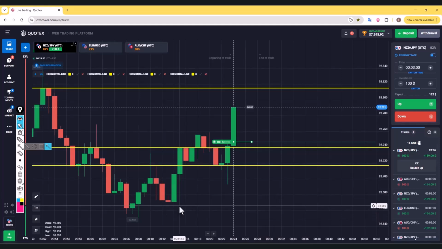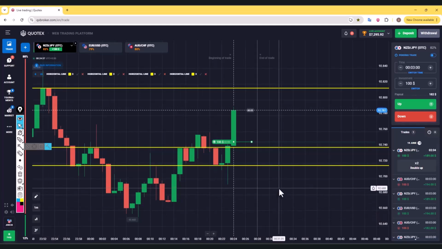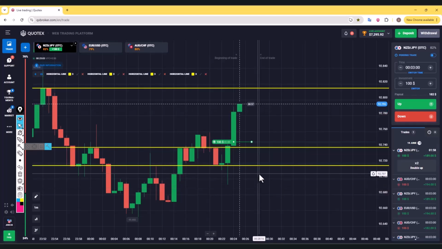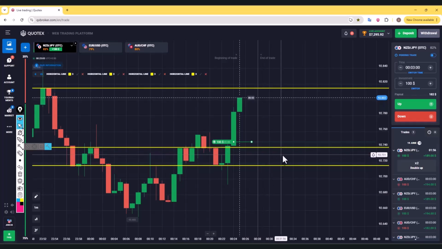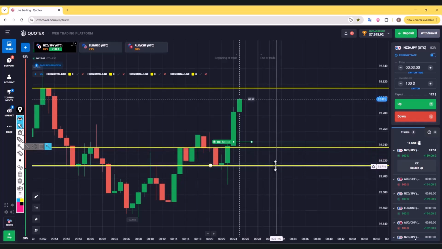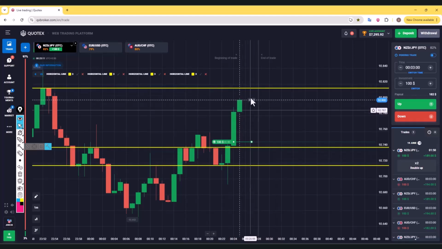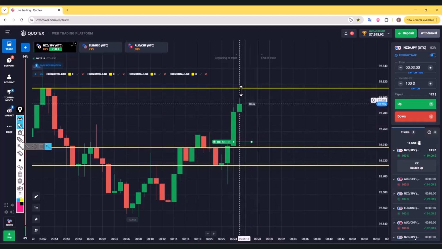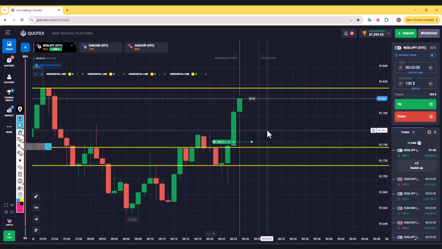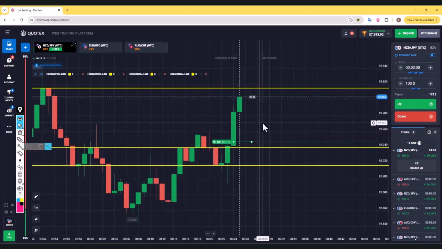Basically, the price came down, hit our support level, and then once again it bounced back from there and reversed direction. It is moving up, and you can clearly see that the buyers have entered the market strongly and are trying to push the price up to this upper level here. So after all the downward pressure that was actually exerted, we are seeing a shift in momentum.